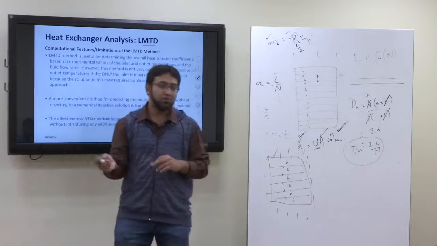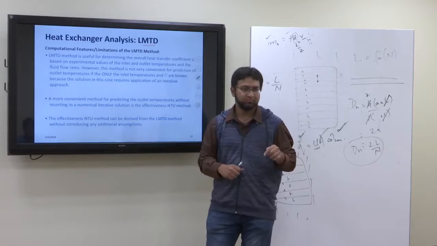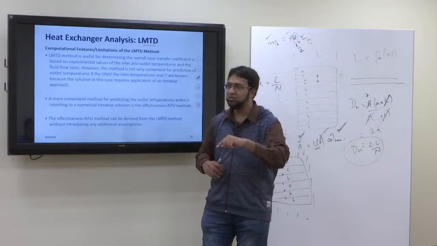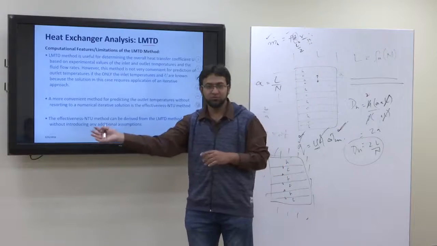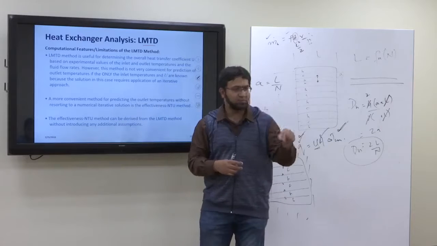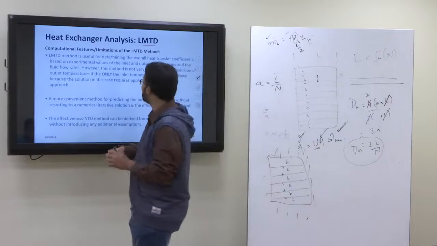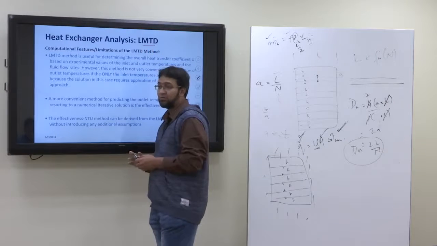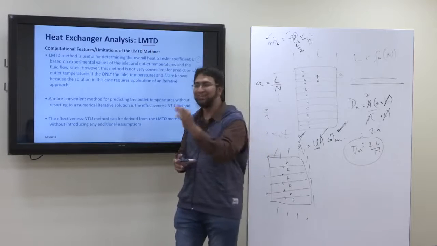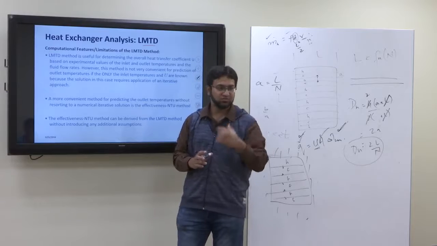If you don't know, you might need to do iteration. You first make an assumption, then you solve it and find the outlet temperature, and it turns out that your assumption was not correct, so you have to iterate the problem. That's the big problem in this kind of solution.